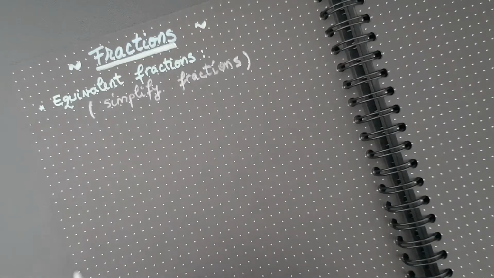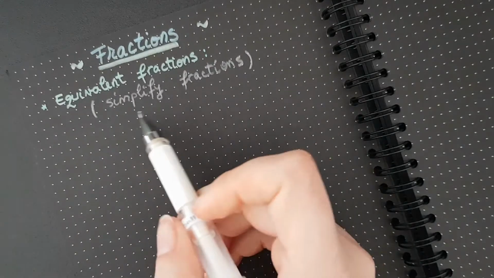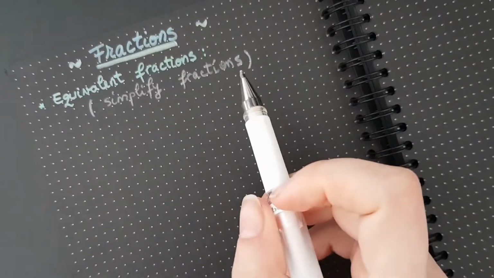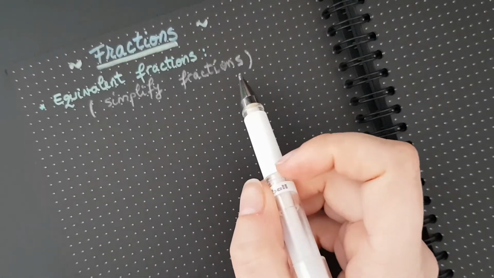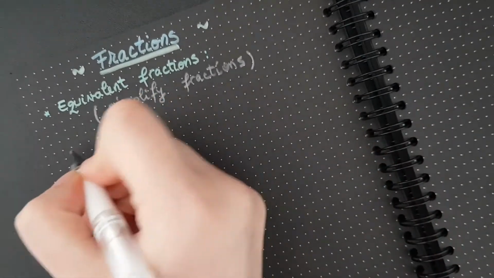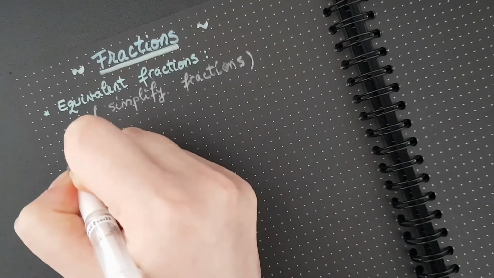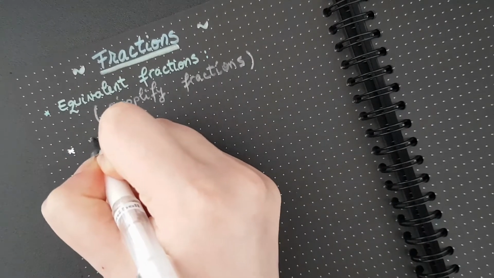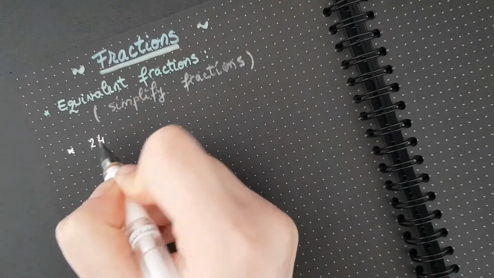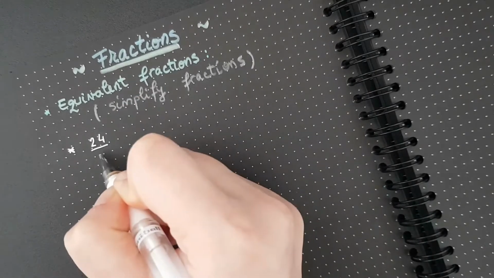So first of all, equivalent fractions, or any type of question that asks you to simplify a fraction. So I'm gonna actually start with a couple of examples. So let's say I have 24 over 20.